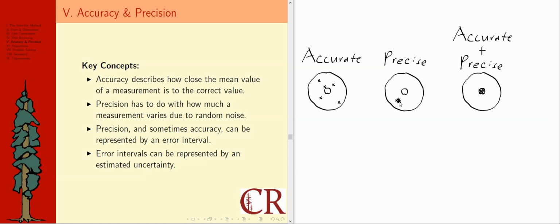In other words, the amount of variance between one shot to the next due to random noise effects, like random differences in how the archer released the arrow, which in a physics experiment is random differences in how the measuring instrument got used that are really unavoidable. You can't be perfect enough to get rid of them entirely, but you can improve, just like the archer can improve, right? This archer obviously was very precise, but not accurate, which is not ideal. The ideal is to be accurate and precise, of course, for archery.